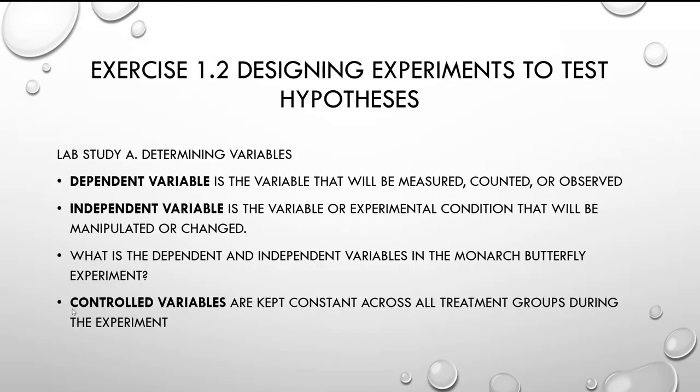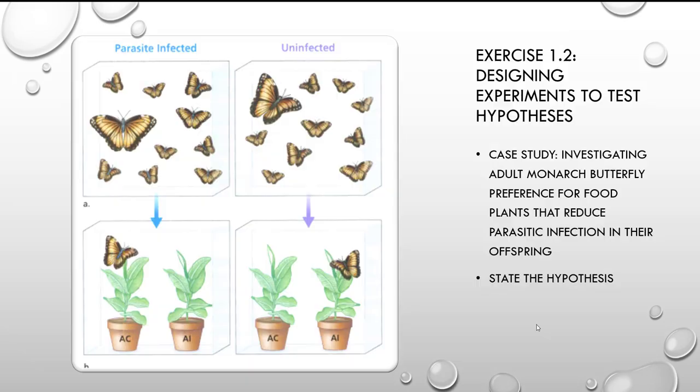Okay, and then finally, the other type of variables that we're interested in are the controlled variables. Controlled variables are variables that we keep constant among all treatment groups during the experiment. These are things that all the treatment groups have that are the same. For example, if we go back, we are using the same pots. We're using the same soil. We're using the same amount of water to water these plants.